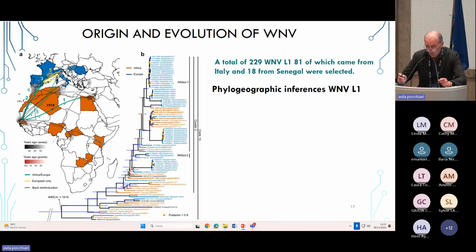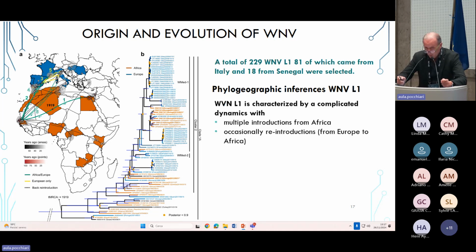So starting with a study on lineage 1, we put together the full genome sequences of 229 West Nile virus lineage 1, and we selected these genomic sequences, and then we applied phylogeography and phylogenomics.